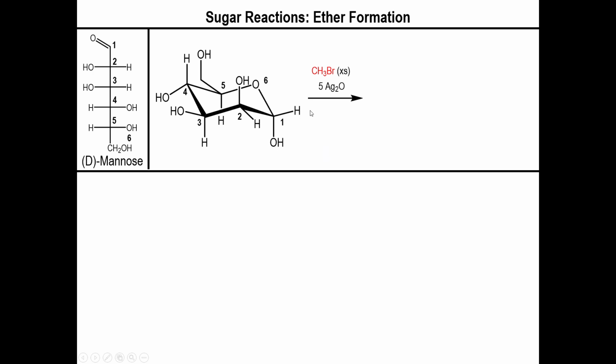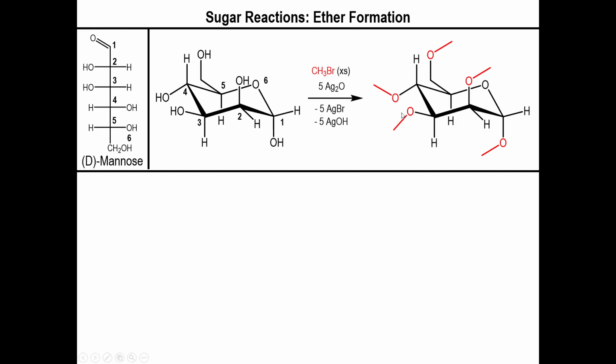Now, if you simply react this with excess alkyl halide, like in this case methyl bromide, in the presence of a mild base, silver oxide specifically, what you're going to end up doing is alkylating every single one of the free alcohols in the sugar pyranose structure.